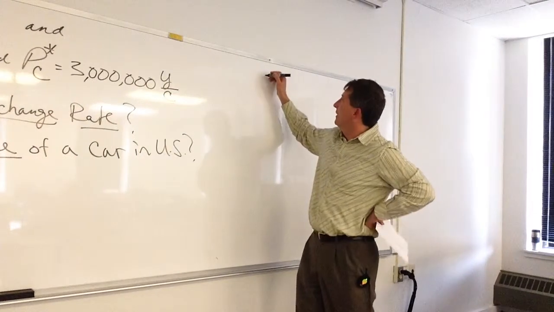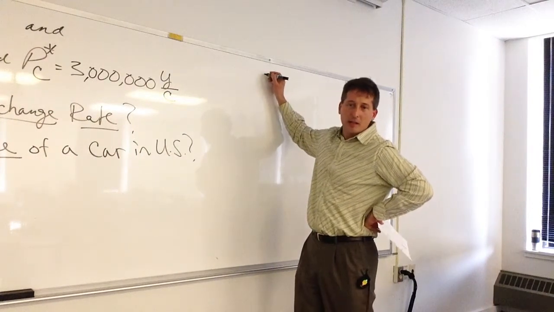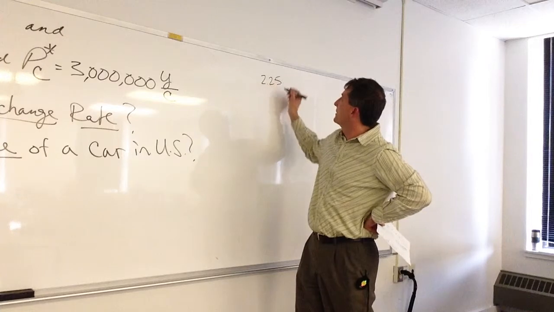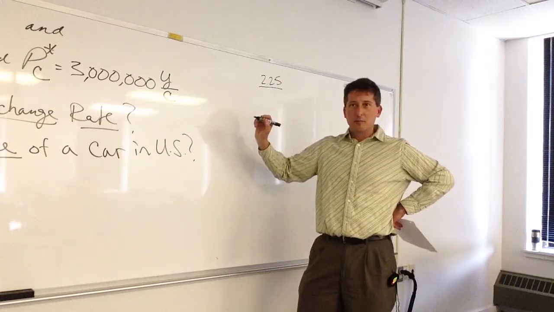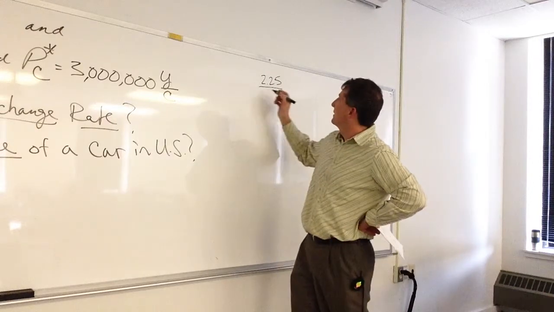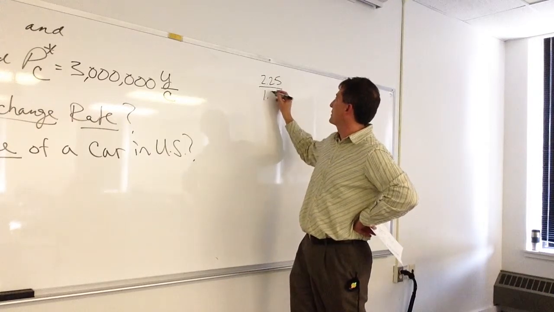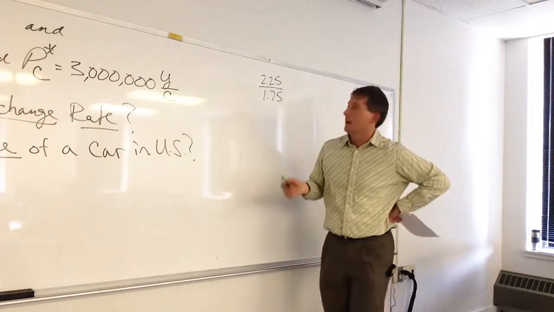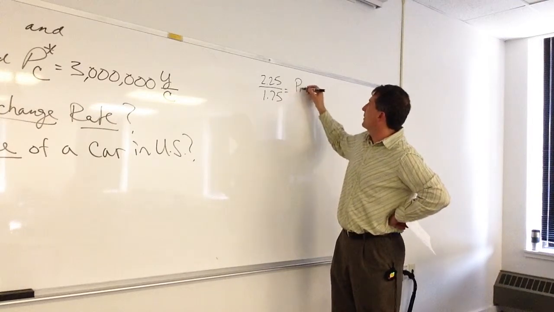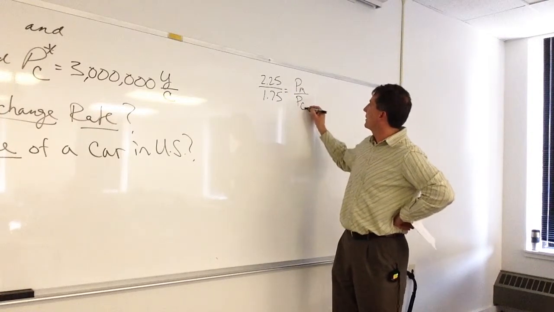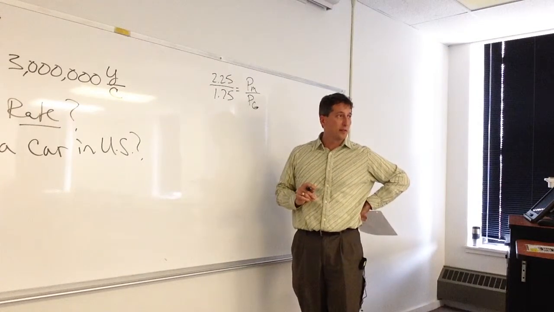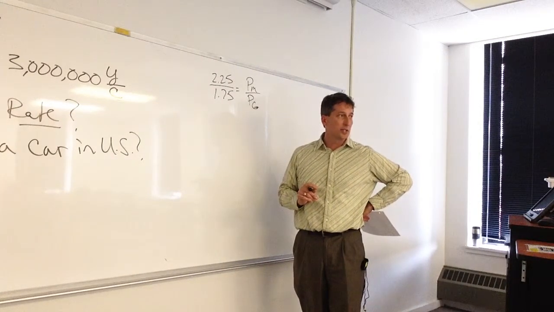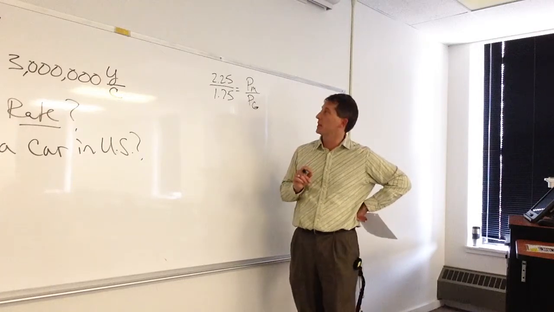If we think about the price of a Mountain Dew is $2.25, and the price of a Gatorade, since Ethan's got a Gatorade, let's just say it's $1.75. So if I take the price of a Mountain Dew divided by the price of a Gatorade, I can come up with the relative price of one good versus the other in terms of the quantity exchange, right?